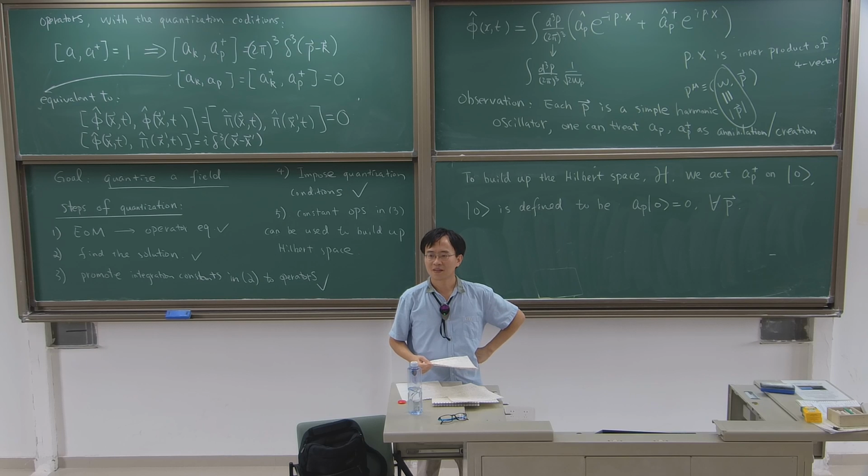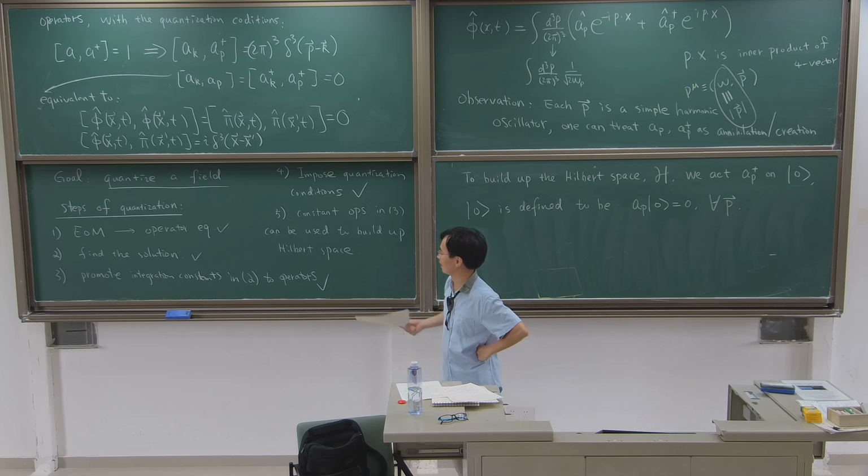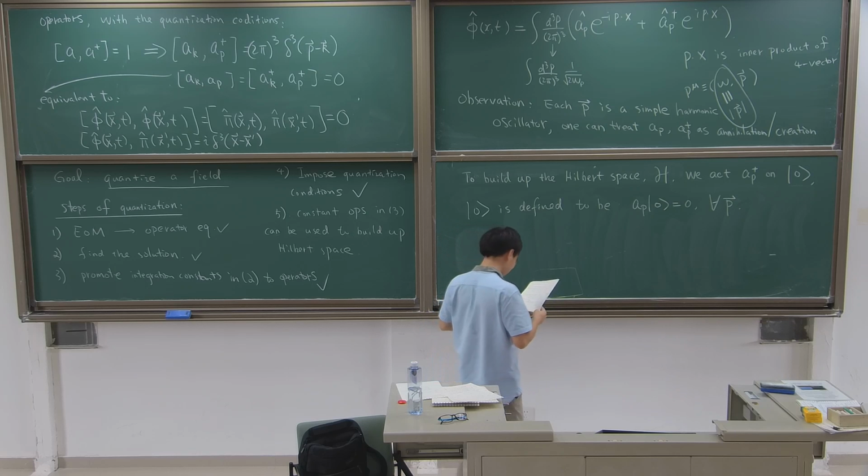Is that clear? So it's basically just treating the different p as the index. We just take them separately because they don't touch each other, from the commutation relations.